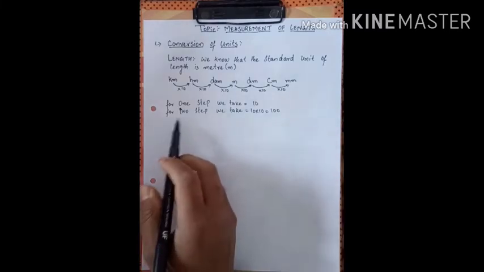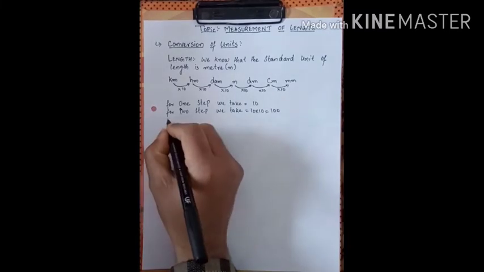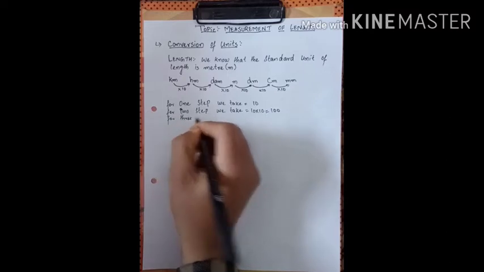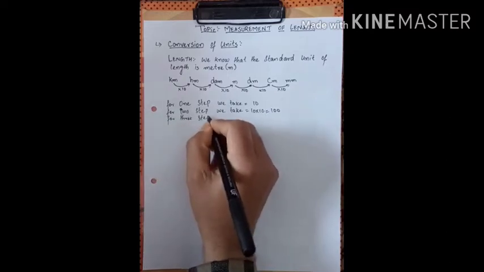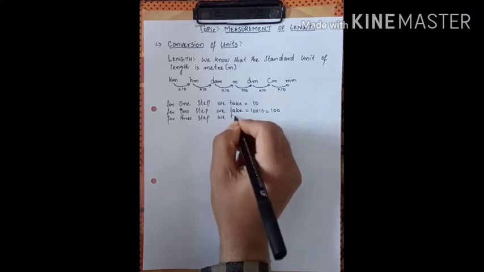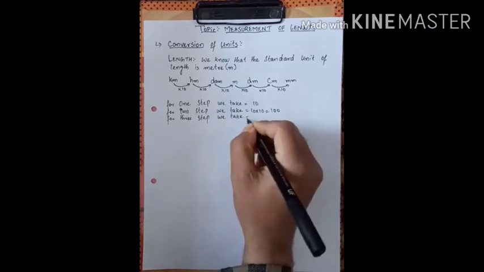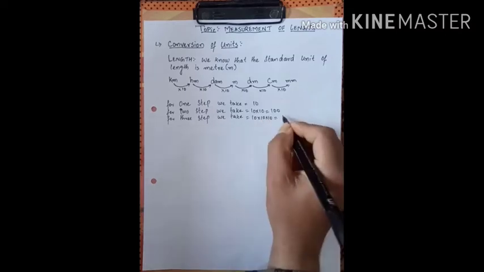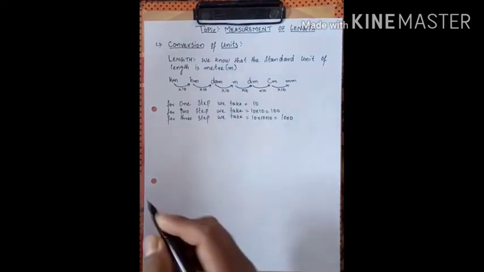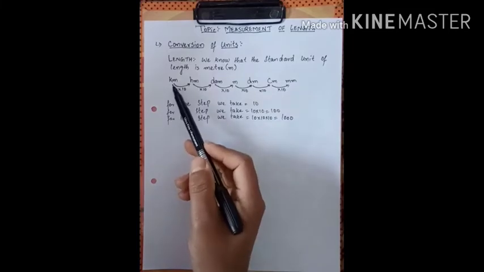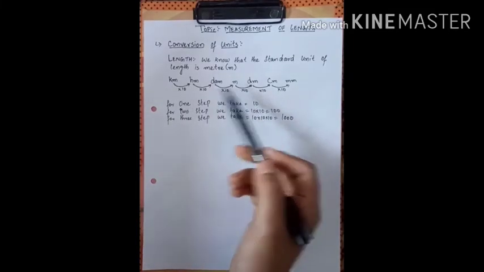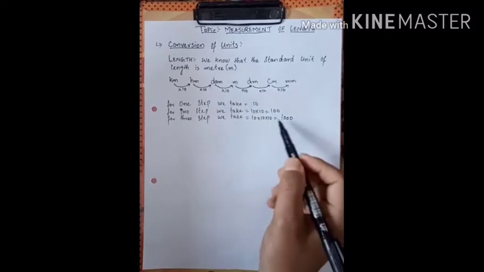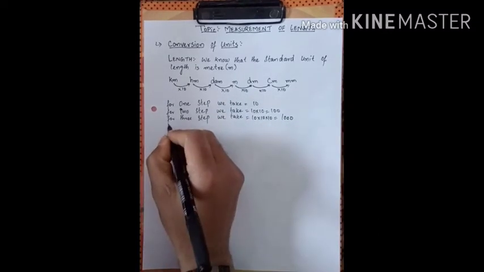So I write, for two steps we take 100. Similarly, for three steps we take 10 into 10 into 10, which is equal to 1000. That is, when we convert from kilometer to meter, there are three steps, so I write 1000.